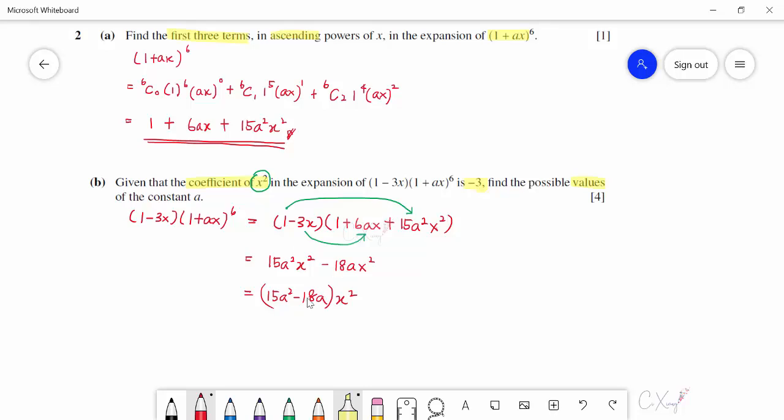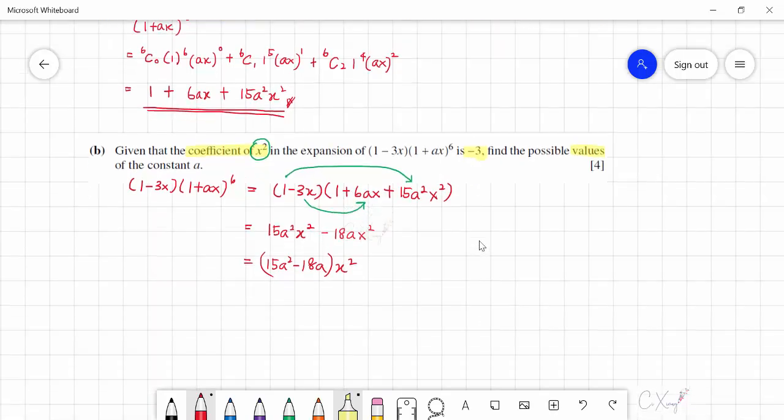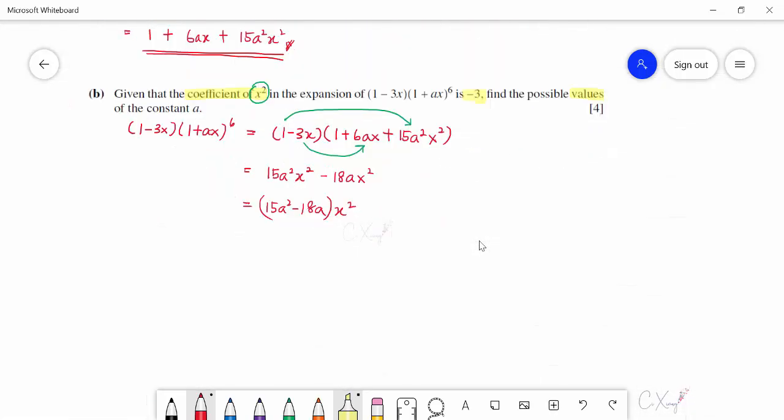Just now they already mentioned the coefficient of x². This is the coefficient of x², and it should equal -3. So continuing from here, you should try to get the value for a. So 15a² - 18a = -3. Then you can further simplify it.